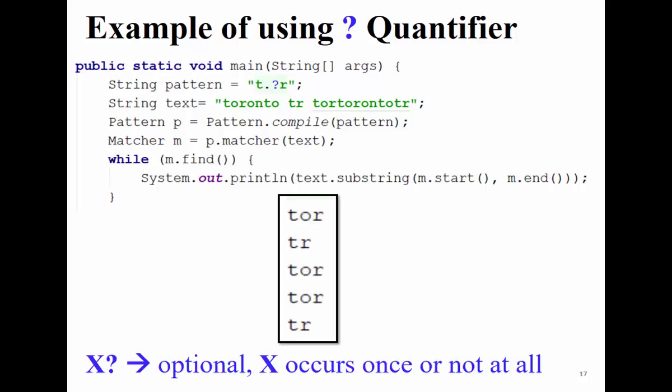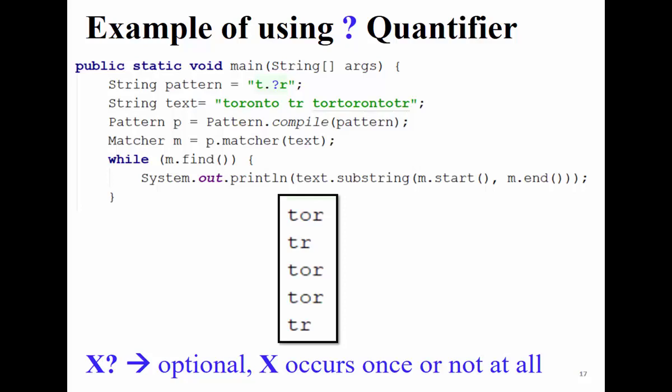Change. In this case, we will have, as you can see, whenever it starts with T and ends with R, even if there is no character between, we're going to retain it. But in the previous example, we saw that we are insisting to have a character between T and R. If there is no character between T and R, you should not retain this pattern.